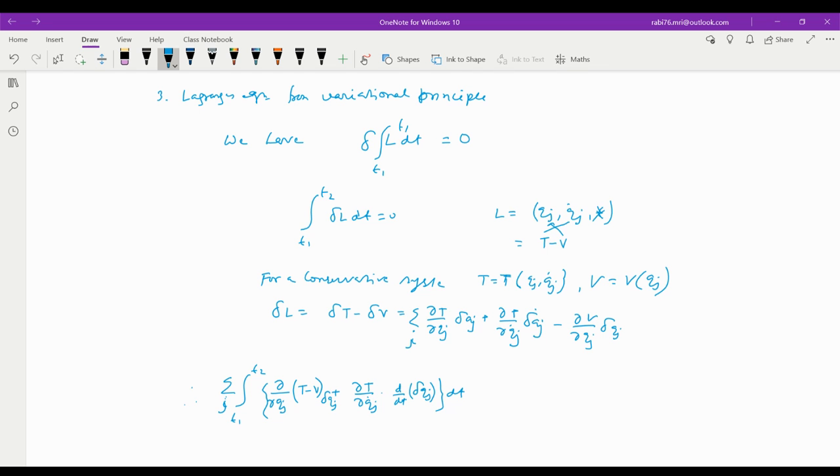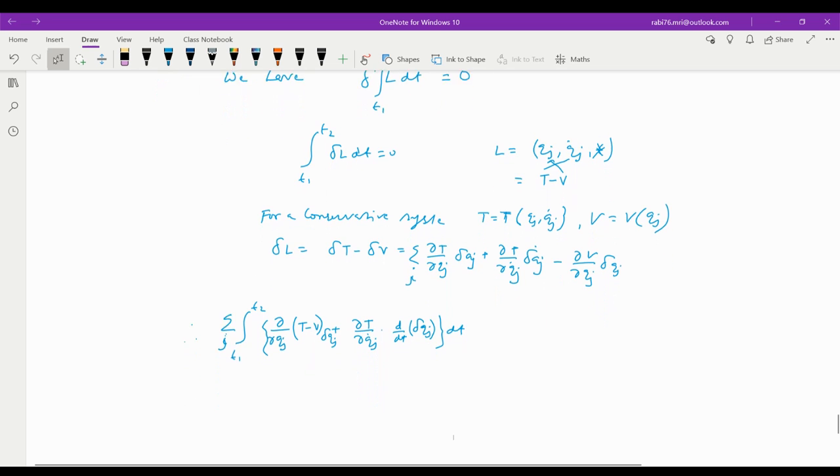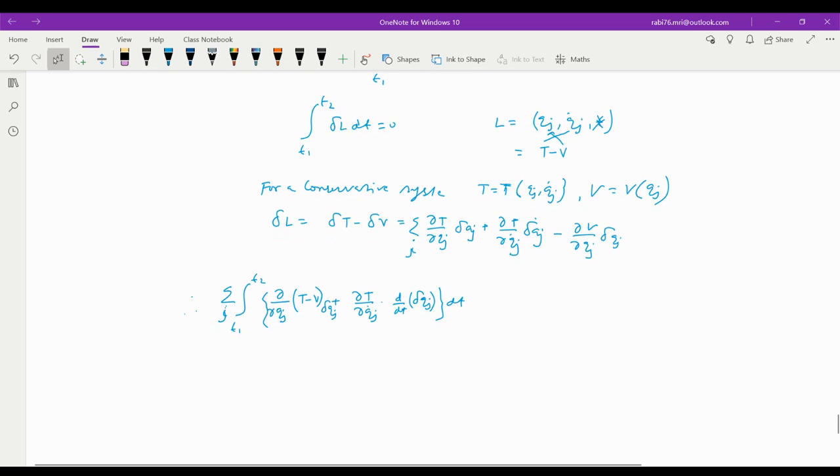Now this integral, the second integral, performing the integration by parts of the second term.